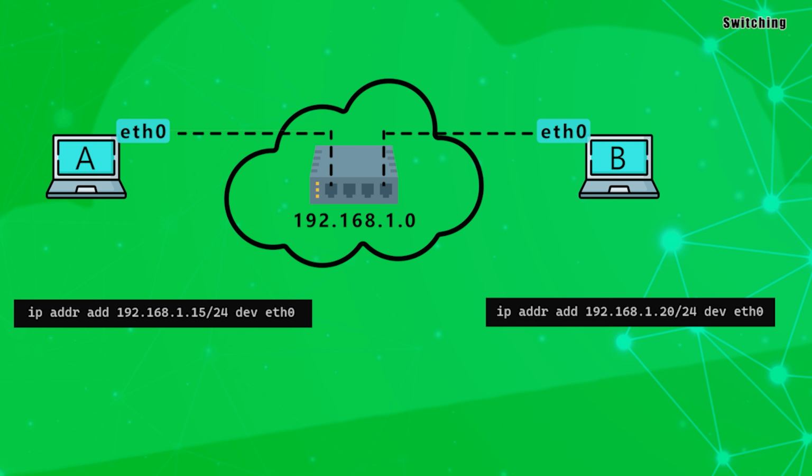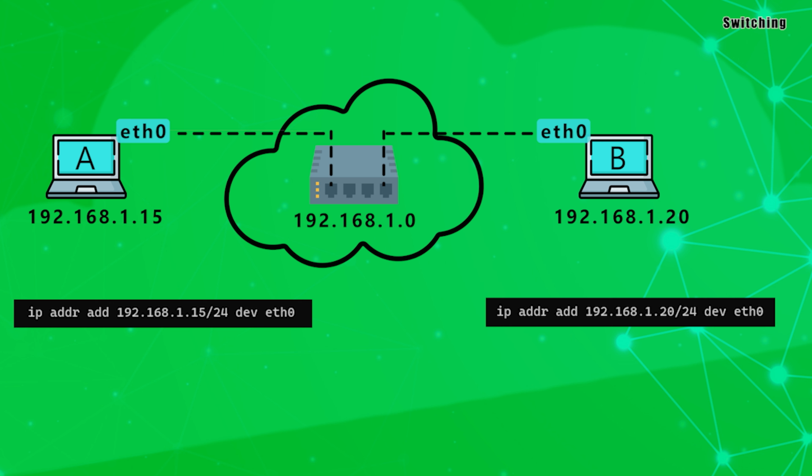So by running these commands, machine A has the IP address 192.168.1.15 and machine B has the IP 192.168.1.20. Once the link is up and the IP addresses are assigned, machines A and B can now talk to each other through the switch. If you ping 192.168.1.20 from machine A, then it should be able to talk to machine B.